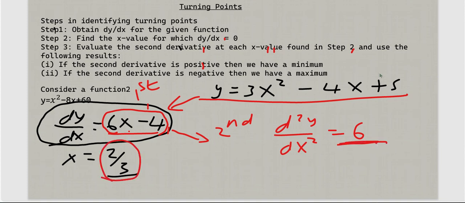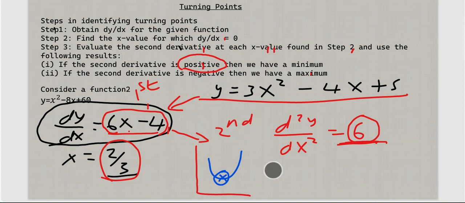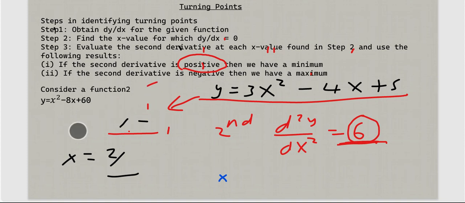So it's positive, which means we have a minimum point, because this is a positive value. What if it was negative? If it was negative, then it is a maximum point. That means if we were to draw this curve, it should look like this, with a minimum point, not a maximum point. We are going to do still another example for you to get it right.